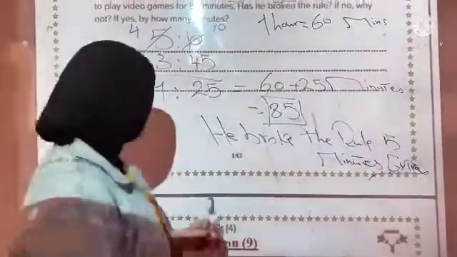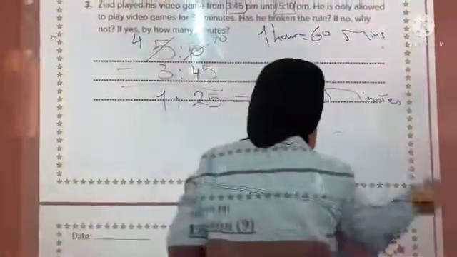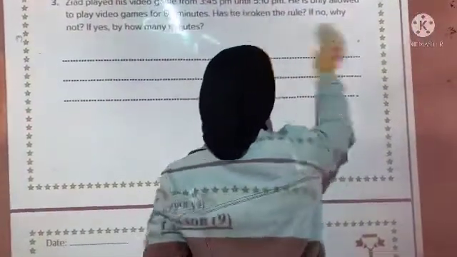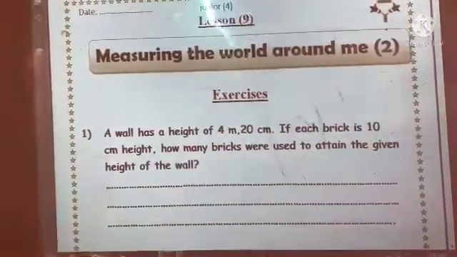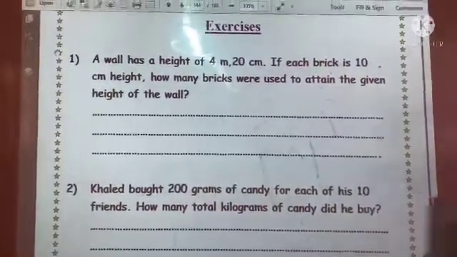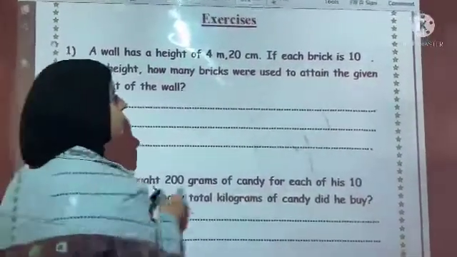Let's move to part 2. It's about what is the best way you're gonna choose to solve the question you have. So here, a wall has a height of 4 meters and 20 centimeters.